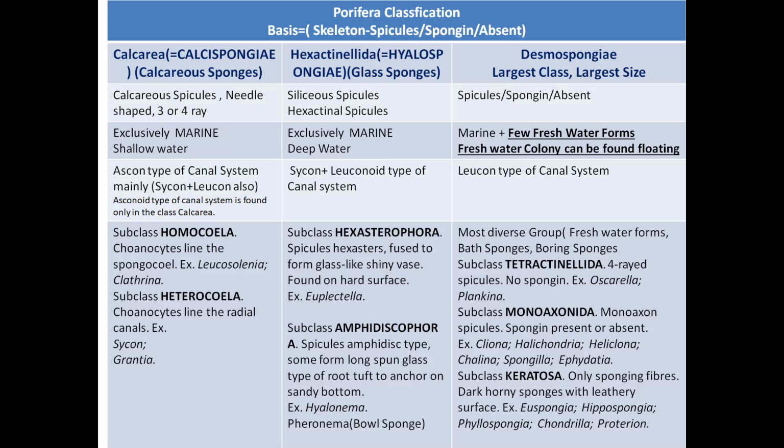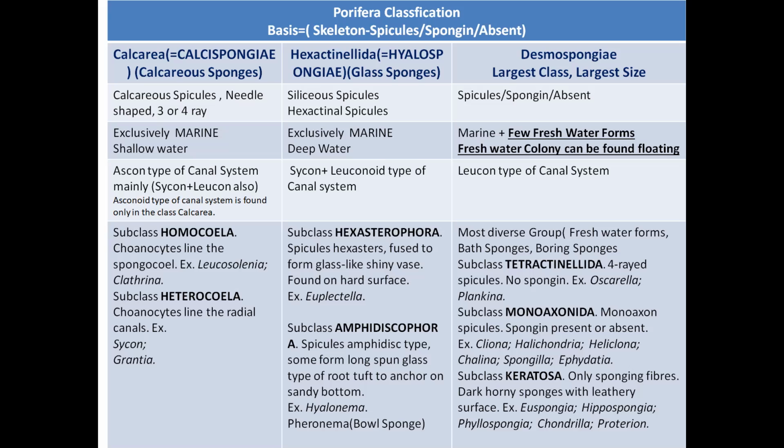Why are they given the name Hexactinellida? Because the spicules are triaxonal, but they have 6 rays. Hex is equal to 6, and actinal means rays.